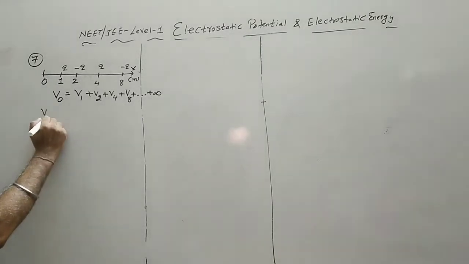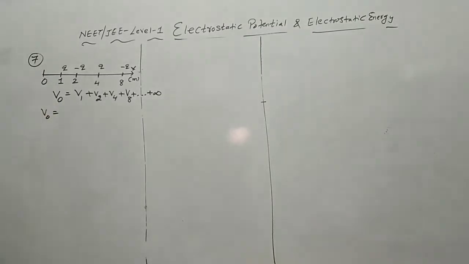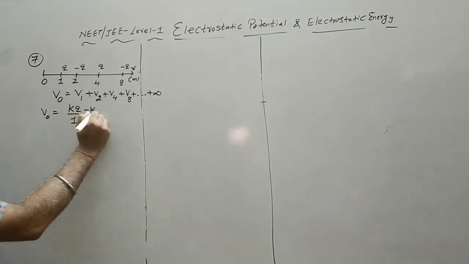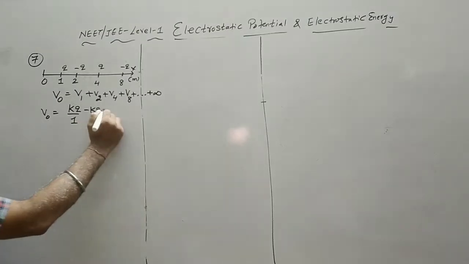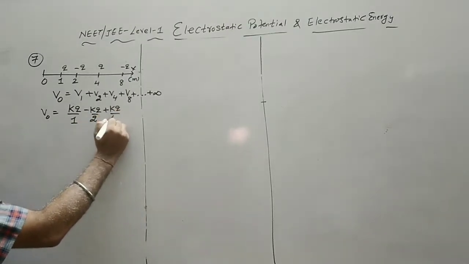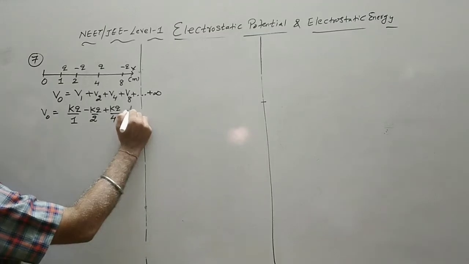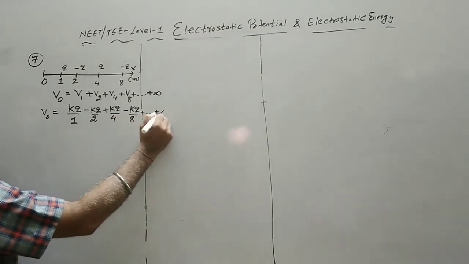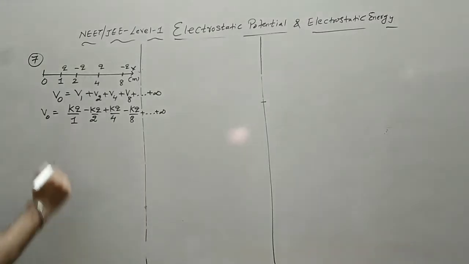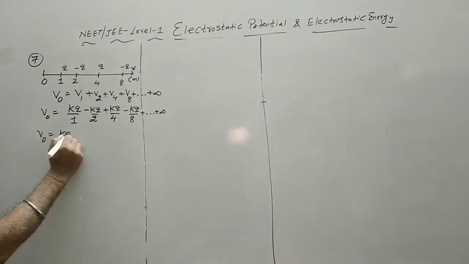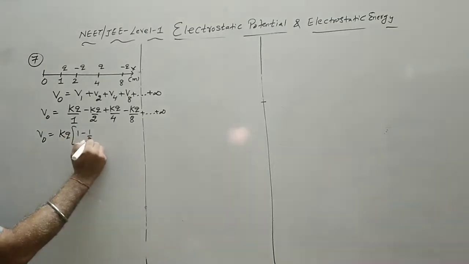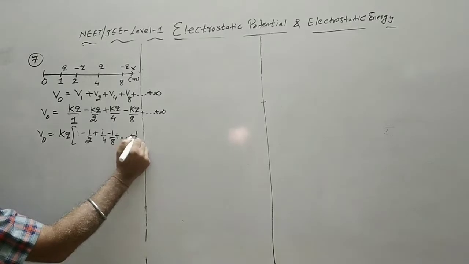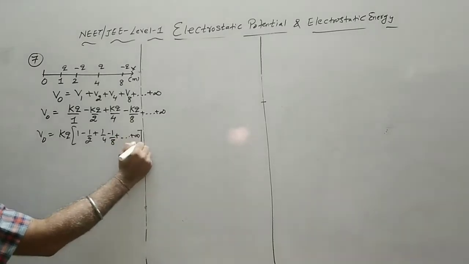Now we simply apply the formula for the potential, that is K source upon 1 minus K source upon 2 plus K source upon distance between test and source, and so on up to infinity. We take this V naught is equal to KQ as a common, so 1 minus half plus 1 by 4 minus 1 by 8 plus 1 by 16 plus and so on up to infinity.